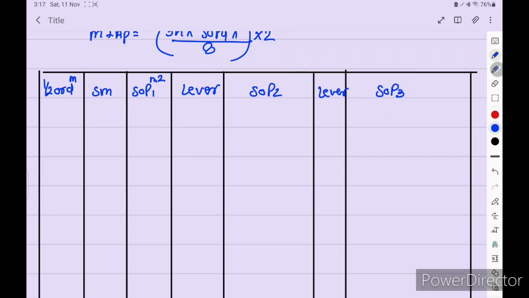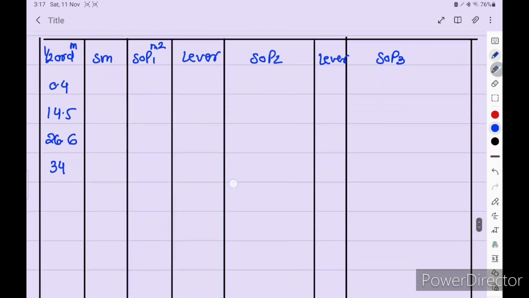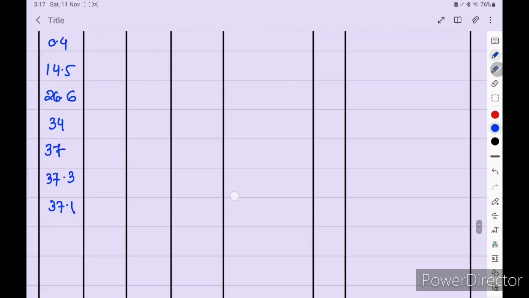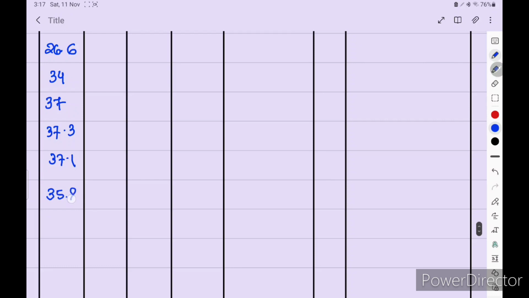For longitudinal we have to make this type of diagram. Put the values given in the question: half ordinates 14.5, 26.6, 34, 37, 37.3, 37.1, 35.8, 28.8 and 6 meter.